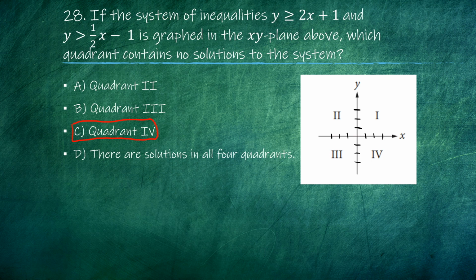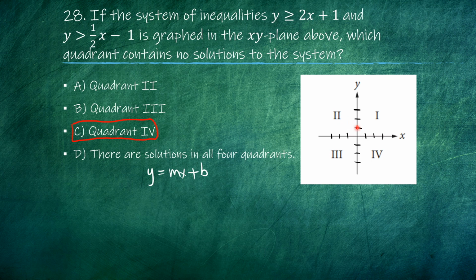And to review this, remember our linear equation. So we have y is equal to mx plus b, where b here is the y-intercept and m here is the slope. So in this case, the y-intercept is 1. So it will be right here, and the slope is 2.